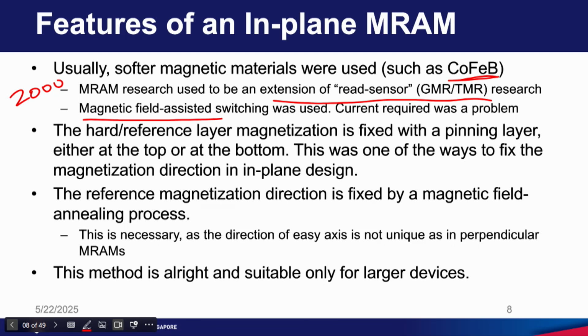We learnt about magnetic field assisted switching. So, we relied on this switching method. If you want to use high anisotropy materials, then the current you require to switch was a problem. Because of these two reasons, the in plane MRAM community always used cobalt and boron.